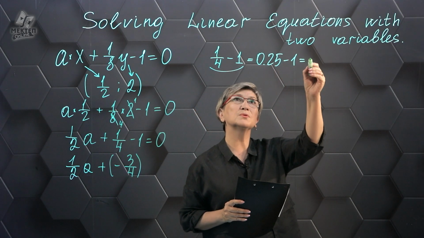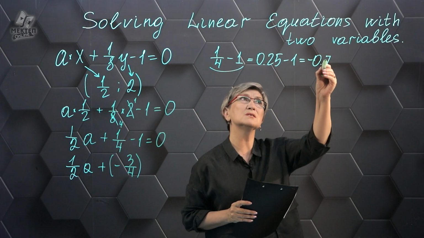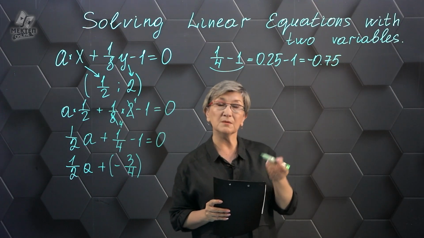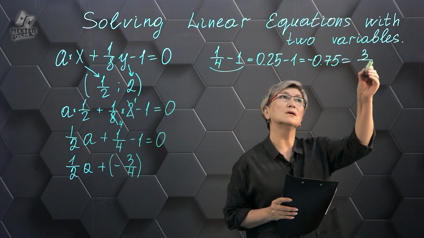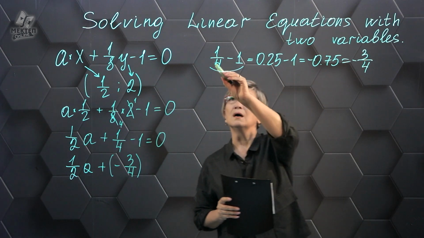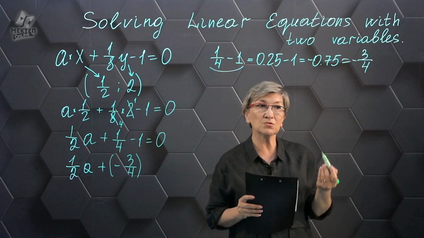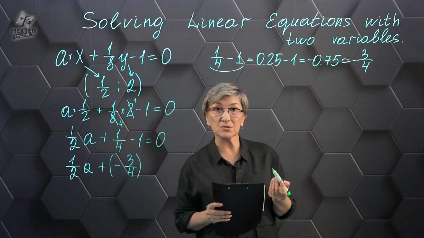And then as a result, you have minus 0.75. And 0.75 is 3/4. So therefore, 1/4 minus 1 is minus 3/4 or minus 0.75.